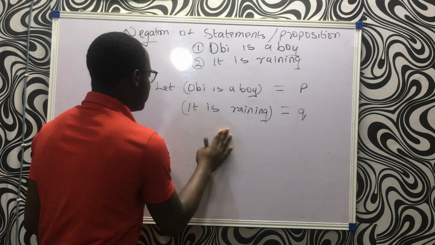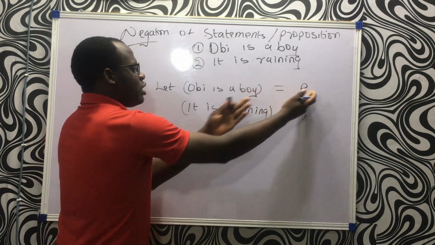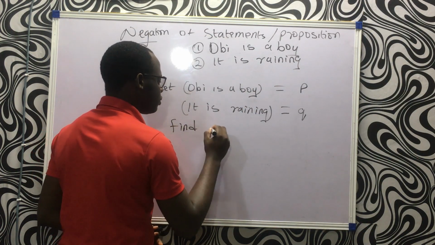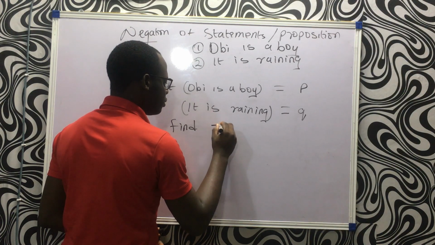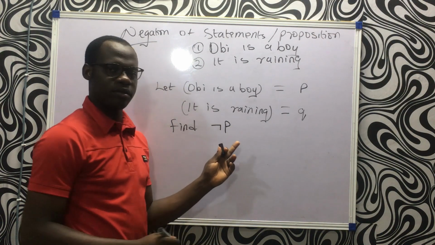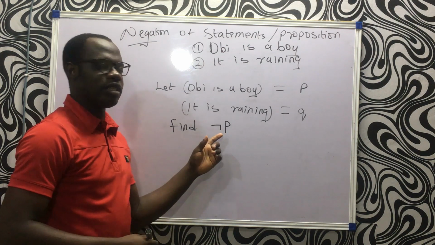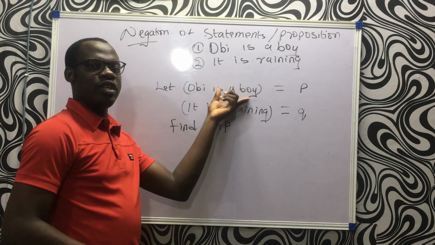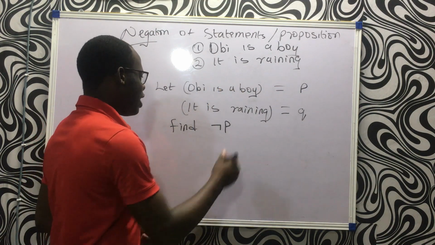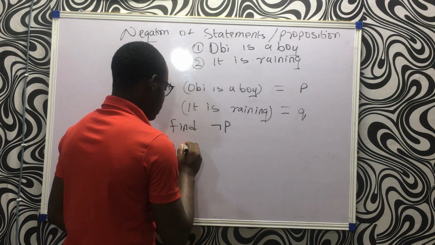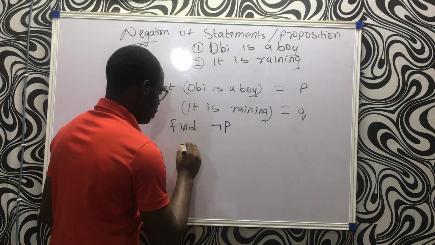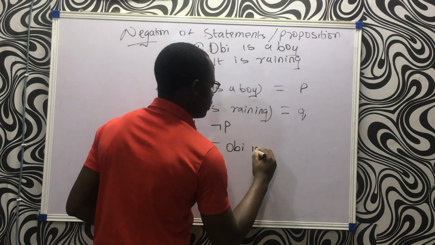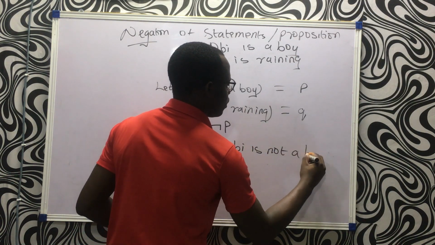Now, when you have the question with the negation sign in front of P, it means find the negation of P, which is definitely Obi is not a boy. So the value of the negation of P now becomes Obi is not a boy.